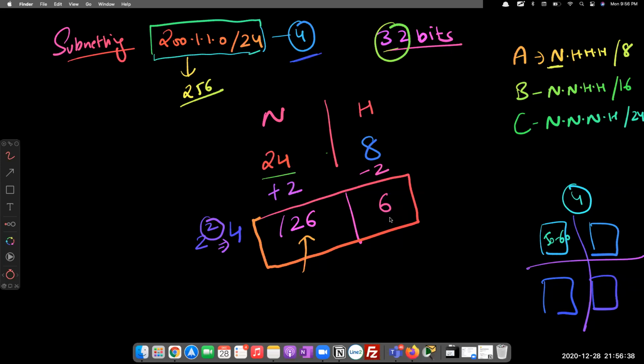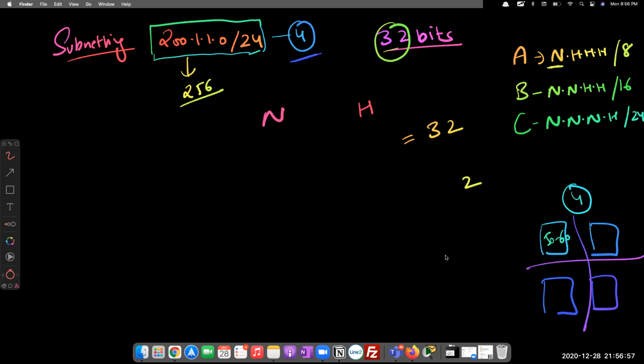Why have I reduced this? Because we need to balance it every time. I need a total of 32 here. 26 plus 6 is also 32. I need to maintain this 32, so you can shuffle the numbers from here and there. I'll explain again. How many network bits do we have by default in class C? Tell me.